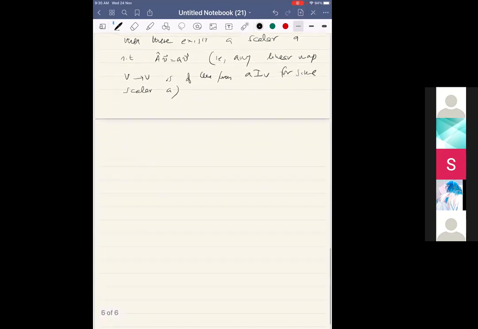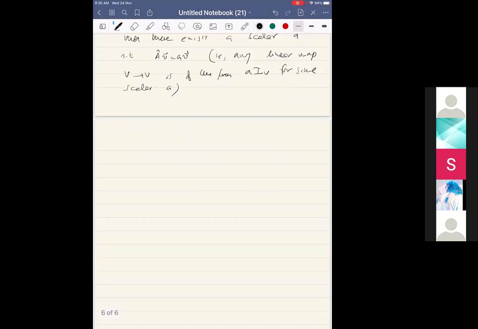So these are the only linear maps from a one-dimensional vector space to itself, namely scalar multiples of the identity.